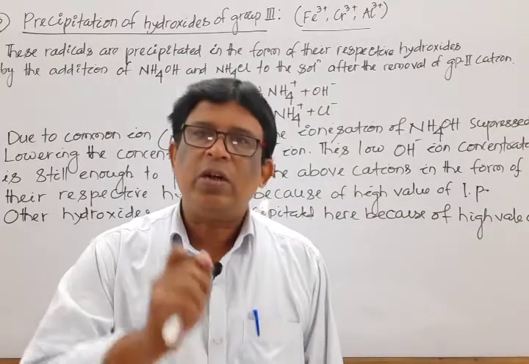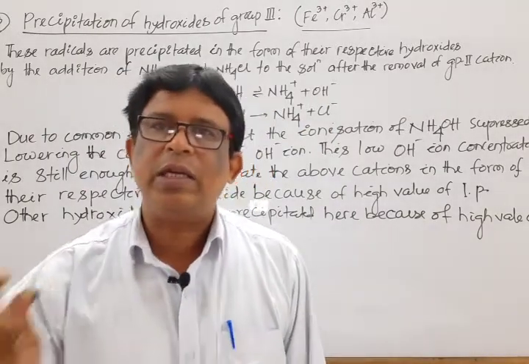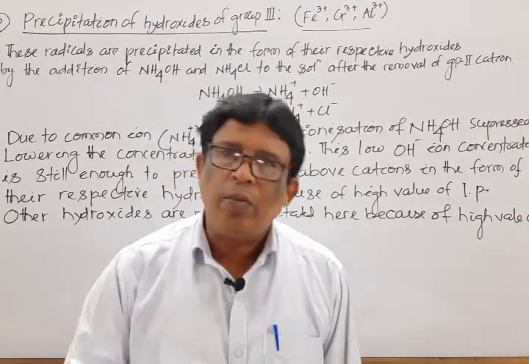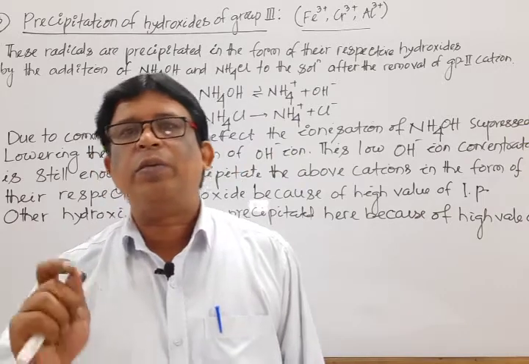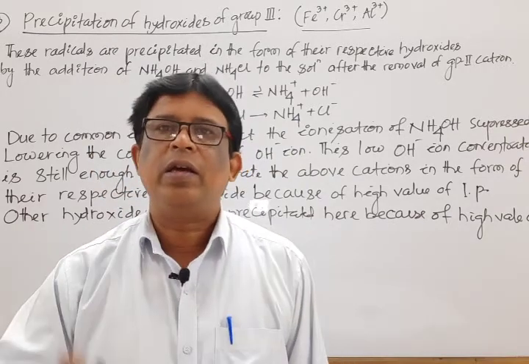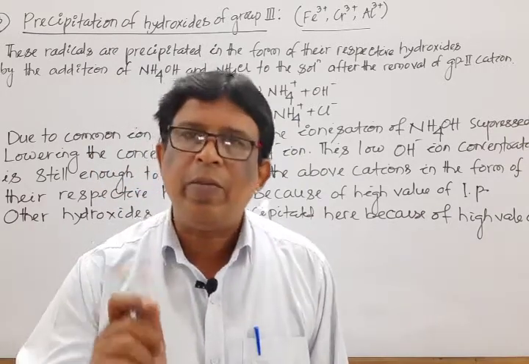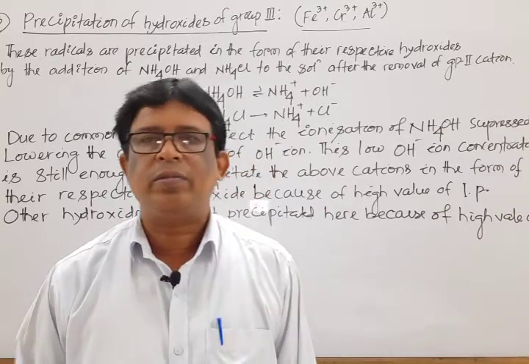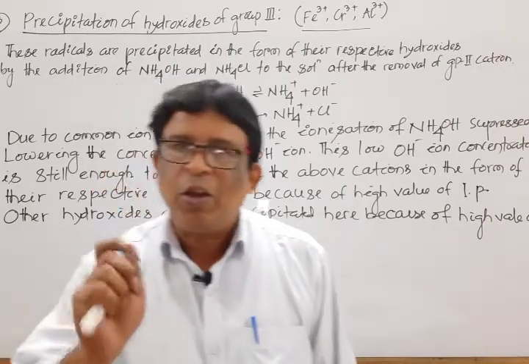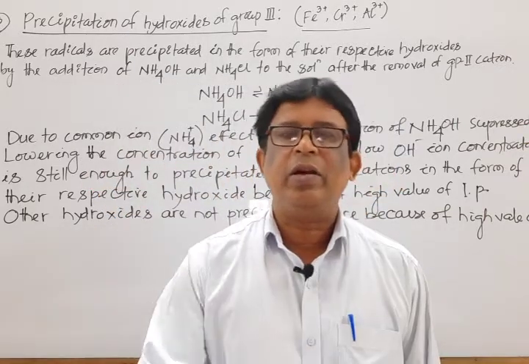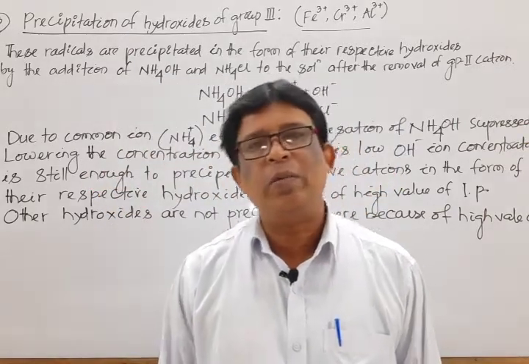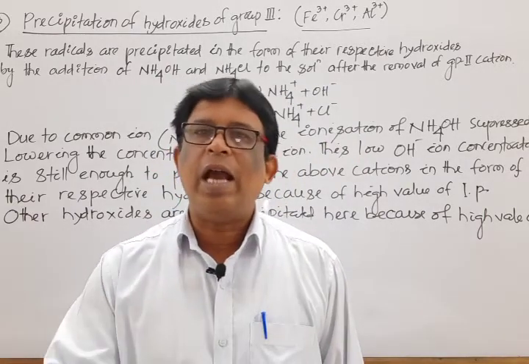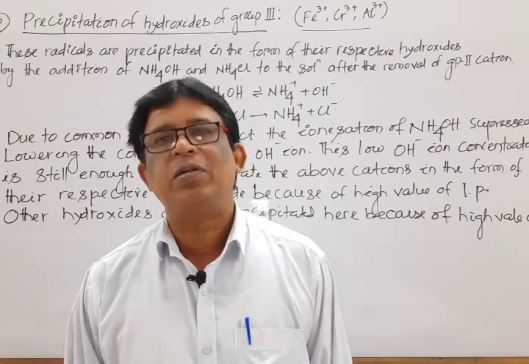But this low hydroxide ion concentration is still enough to precipitate the above cations in the form of their respective hydroxides because they have a high value of ionic product and a low value of solubility product. The other cations are not precipitated here in the form of their hydroxides because of a low value of ionic product or a high value of solubility product.